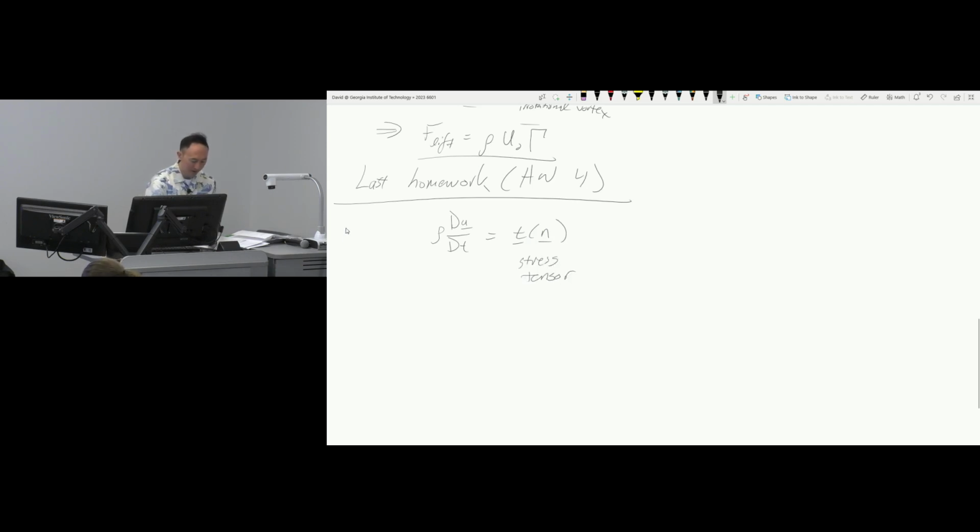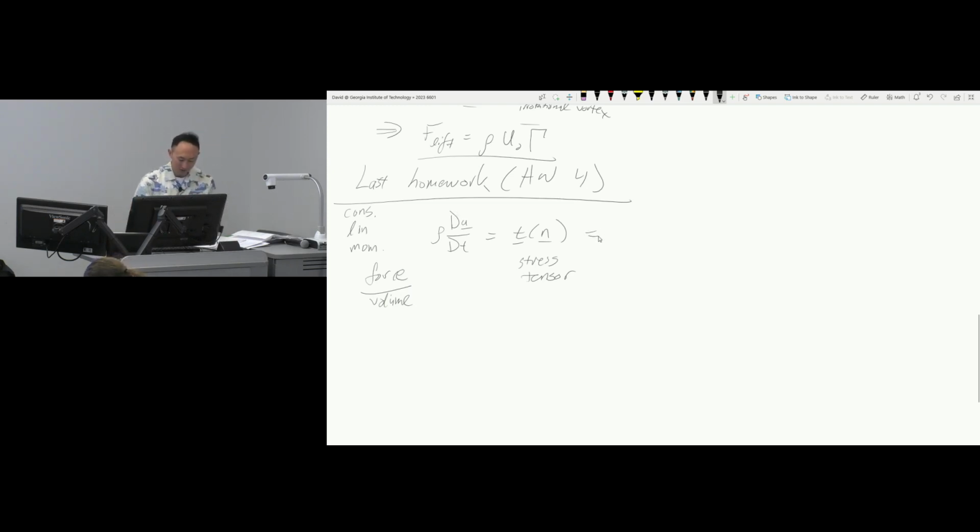And this is a conservation of linear momentum where basically the units are force per unit volume. Force per volume, right? If you can't remember that, look at the left-hand side. This is like F equals ma. If I take rho times the acceleration, I multiply it by volume, I'm going to get a force.